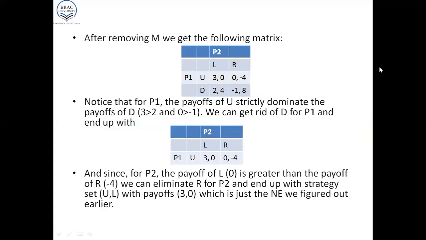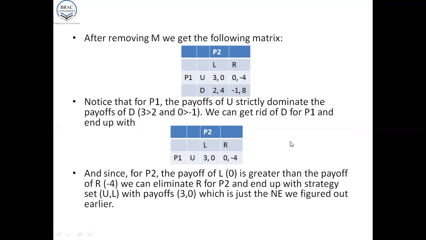When we do so, we get the following reduced matrix. Again, notice that for P1, the payoffs of U strictly dominate the payoffs of D because 3 is greater than 2 and 0 is greater than -1. So we can get rid of D for P1, which ends up as this payoff matrix.